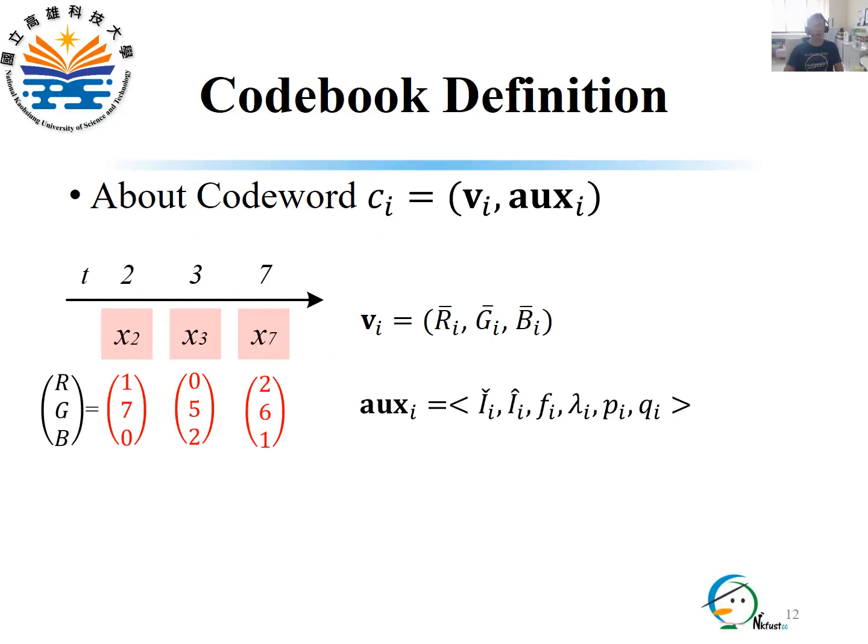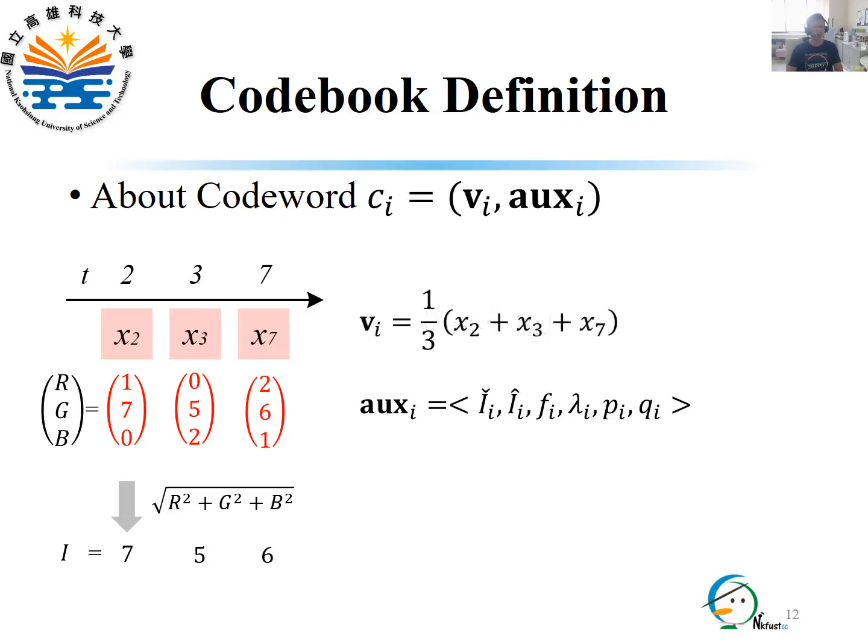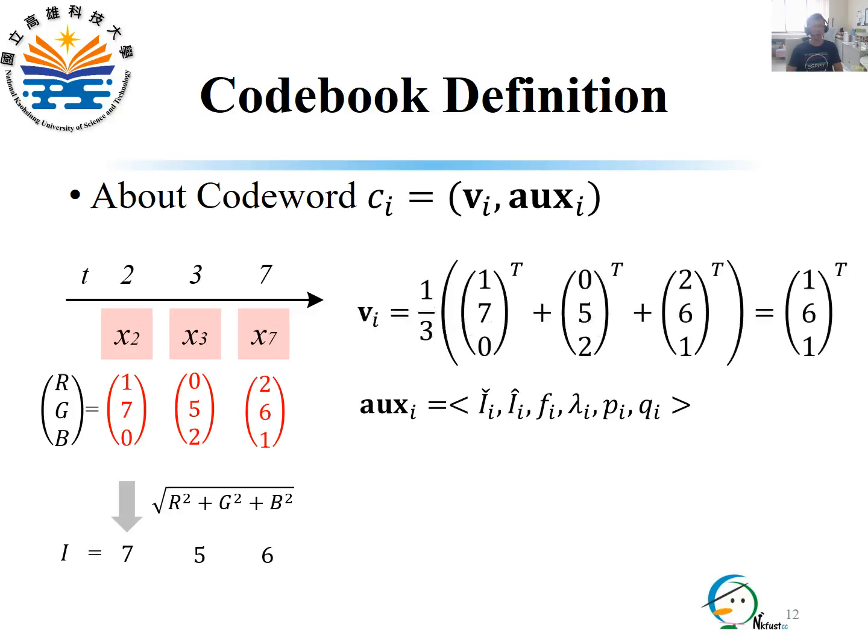For example, for a cluster consisting of 3 RGB vectors, we first compute their brightness according to this equation. The mean RGB vector of this cluster can be expressed as this equation, and that is equal to the vector 1, 6, 1. The minimum and the maximum brightness are 5 and 7 respectively.